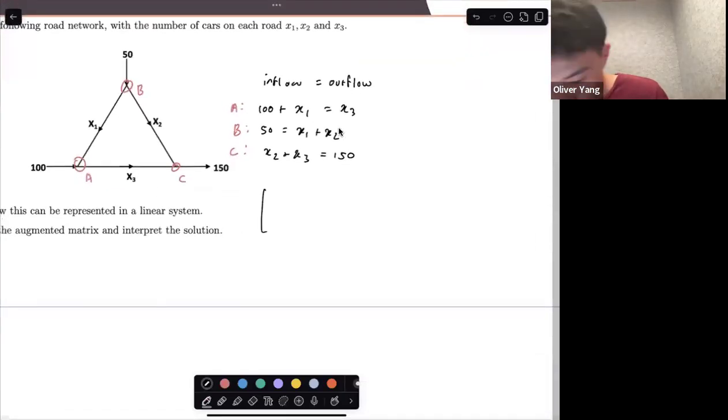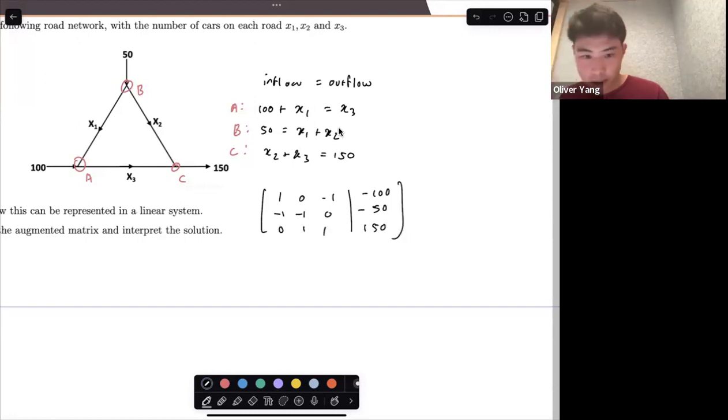So in an augmented matrix, it can be represented as 1, 0, and 0, minus 1, negative 1, negative 1. Oh, sorry. It should be negative 100, negative 50, and then 0, 1, 1, 50, right?